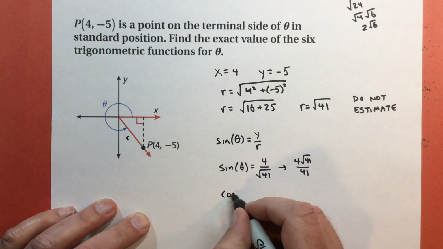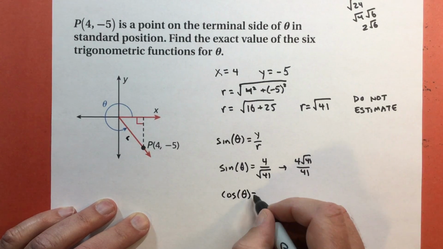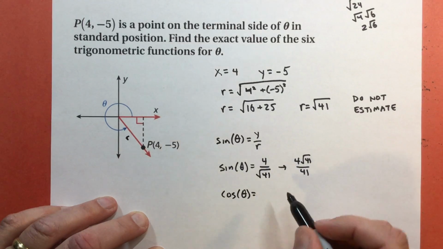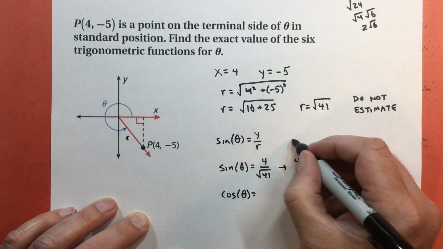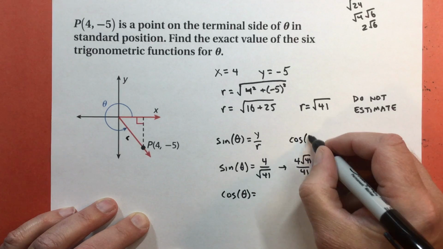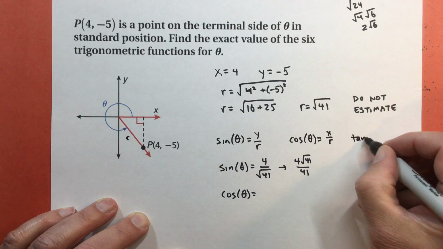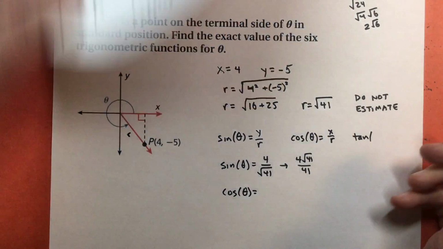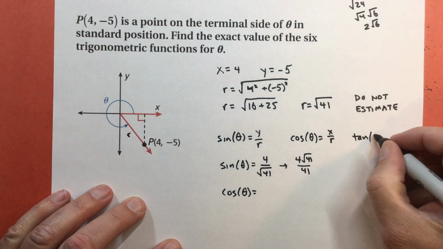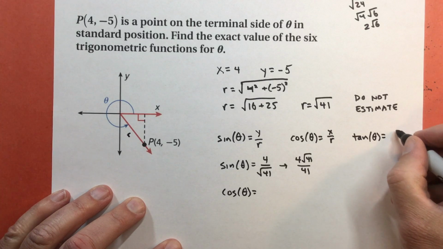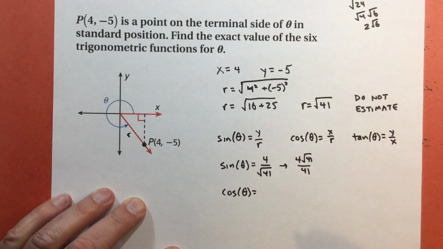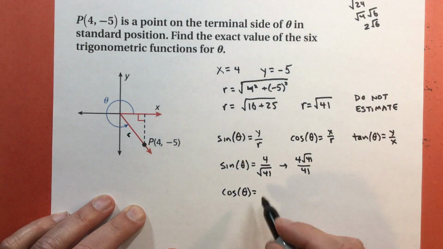The cosine of theta is going to be x. I'll write it up here. Cosine of theta is x over r. And I'll write the tangent one too. Tangent of theta is going to be y over x. Okay. And I know x is not 0, so I'm okay.